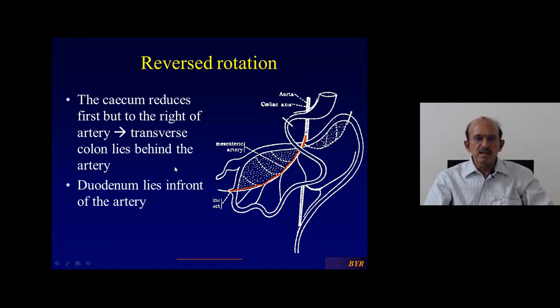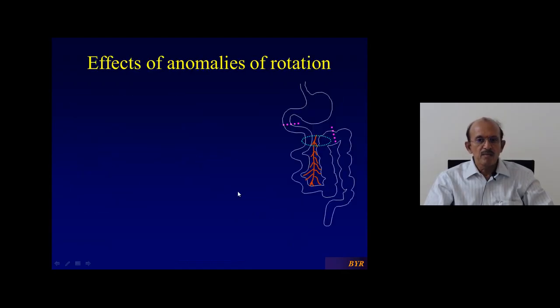That means when you do surgery for a patient with gastrojejunostomy, for example, then you will find the transverse colon going behind the superior mesenteric artery and the duodenum crossing in front of the superior mesenteric artery. Then you will be perplexed to see that particular arrangement there. What are the effects? No functional disturbance.